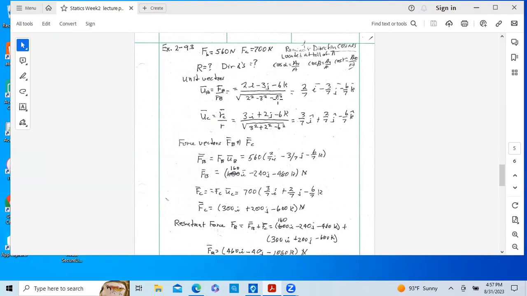The magnitude of the position vector is the square root of 2 squared plus 3 squared plus 6 squared. It's that simple. And this denominator comes out to be 7. So this is the unit vector for B: 2/7 I minus 3/7 J minus 6/7 K.